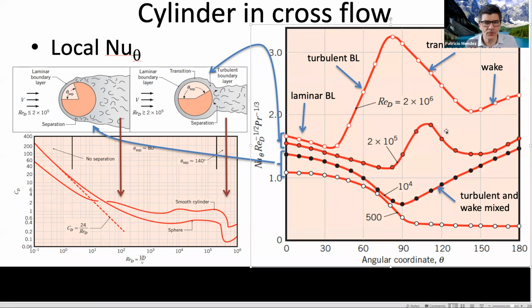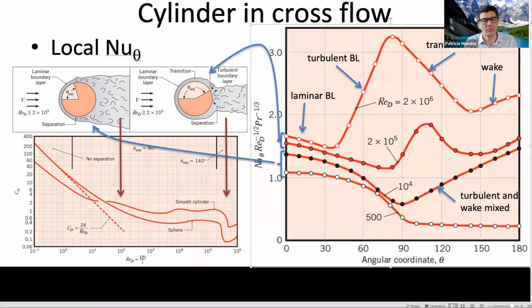It gets interesting when we have these little humps here. What happens, and those of you who play golf might know this already, is that if I have a high enough Reynolds number, my boundary layer might become turbulent before the wake. And there is something very interesting about turbulent boundary layers because they stick.